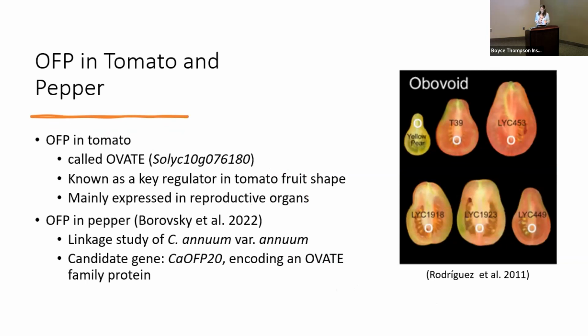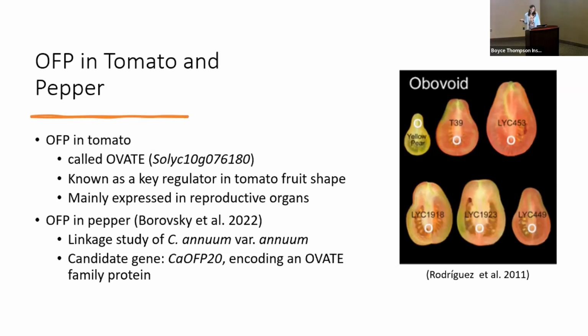So looking good. There's also been OFP found in pepper through a linkage study of C. annuum, another species of pepper, which gave the candidate gene OFP20, which encodes another ovate family protein.